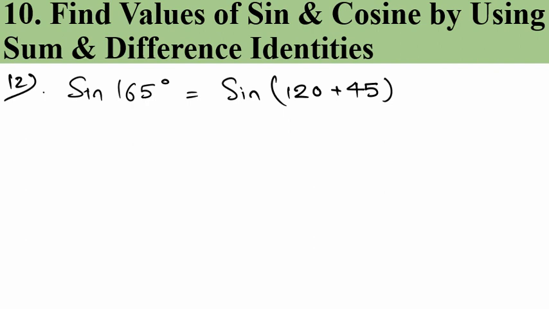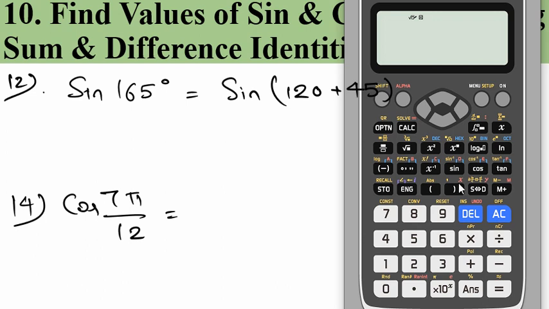Now let me take one more example. For example, if you have cos 7 pi over 4, how can you do it with the calculator? So cos 7, if I put pi here directly, then I will get the wrong answer, because I'm solving in degrees.